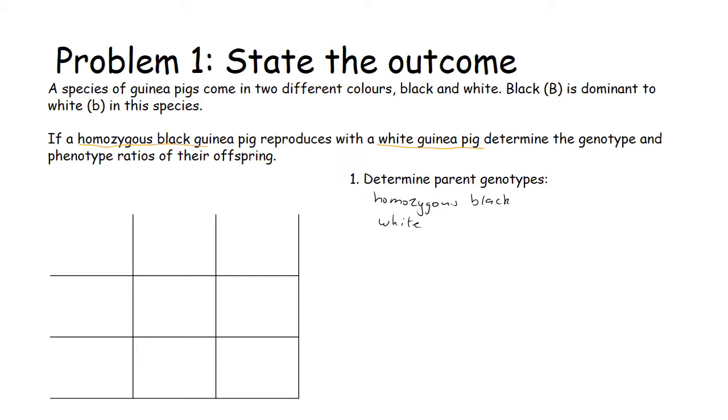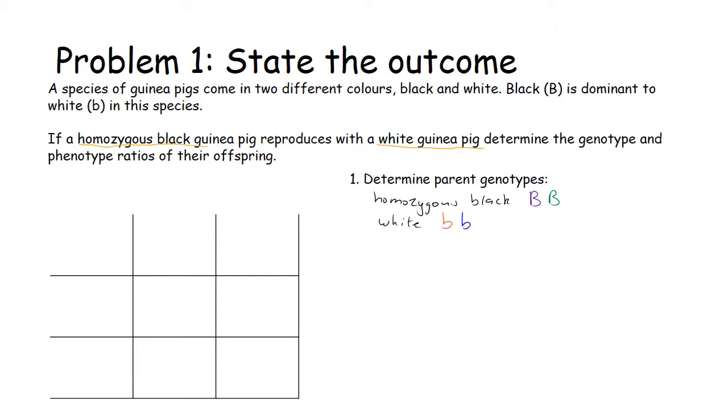Now let me color code. Our homozygous black is going to have 2 capital B alleles. I'll give 1 purple, 1 green, and then our white is going to be 2 small little b's. I'm going to have 1 orange and 1 blue.